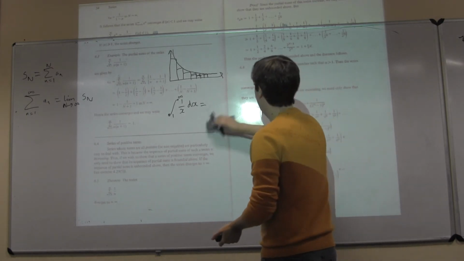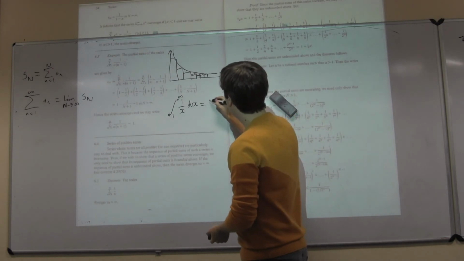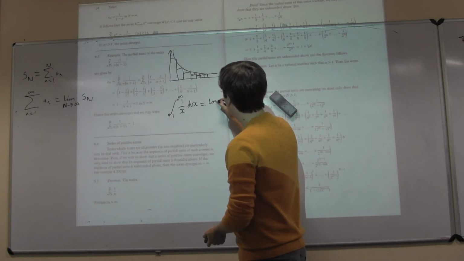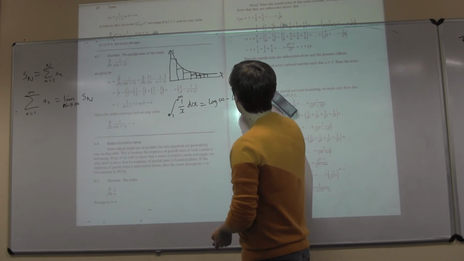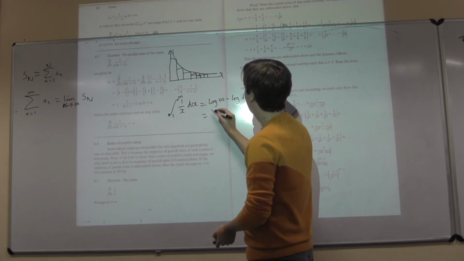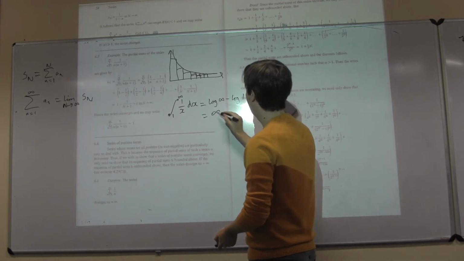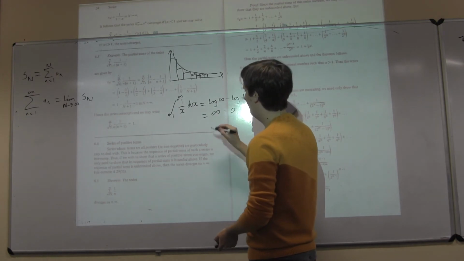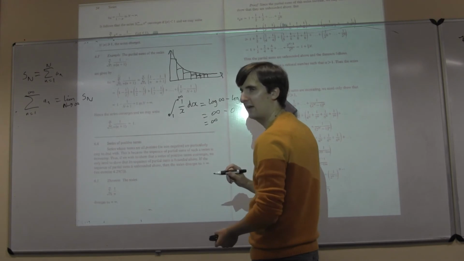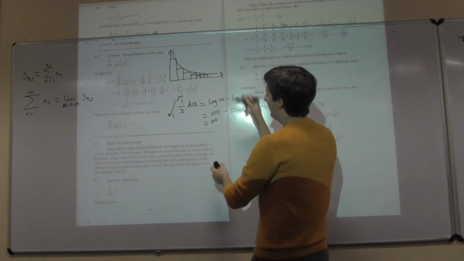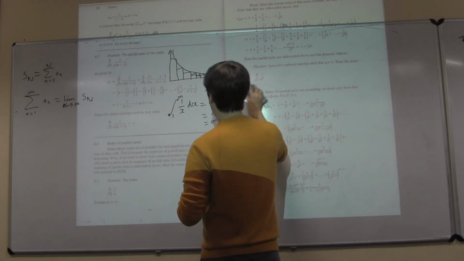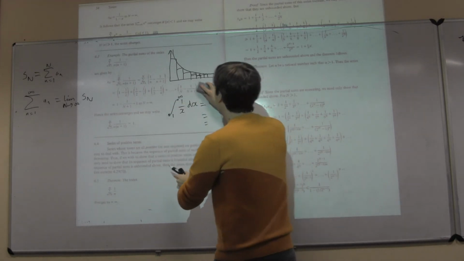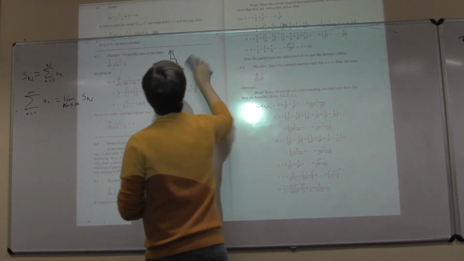So this is, if you like, log infinity minus log of 1, but log infinity is infinity. And log 1 is 0, yeah. So it's infinite. So the integral is infinite, so that kind of suggests the sum is probably infinite as well. So this is an intuitive argument, but can we prove it a bit more formally?